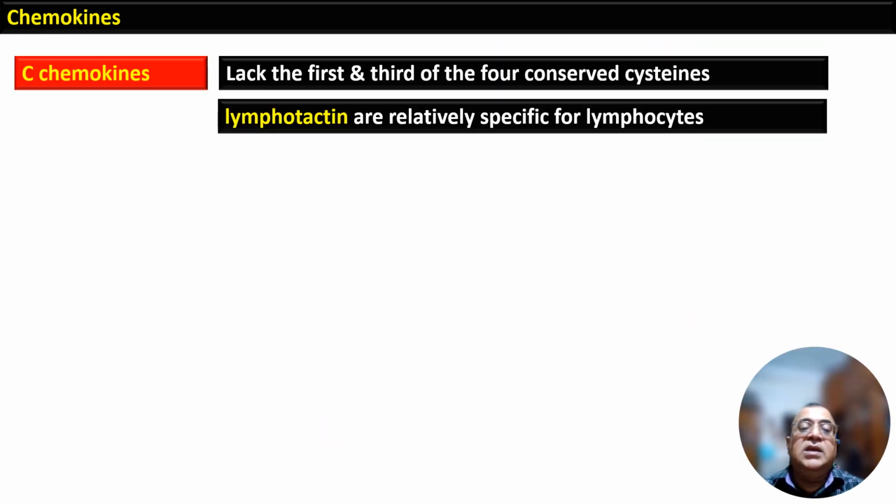Now the C chemokines, the most important and the specific chemokine is lymphotactin, that is specific for lymphocytes, and C chemokines lack the first and third of the four conserved cysteines.